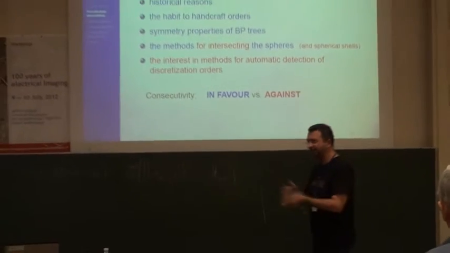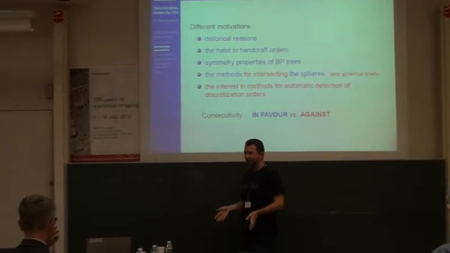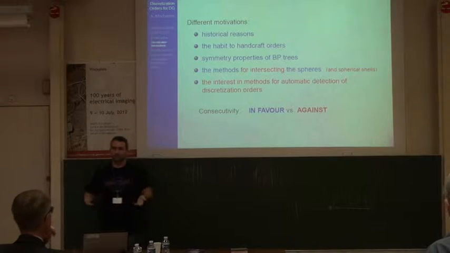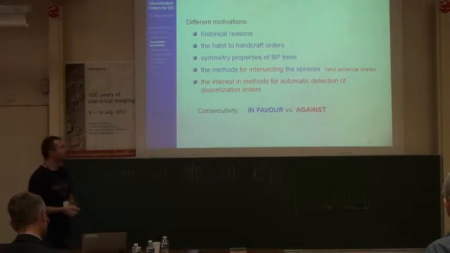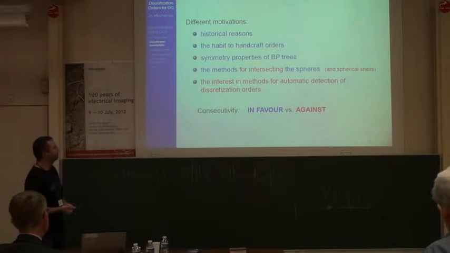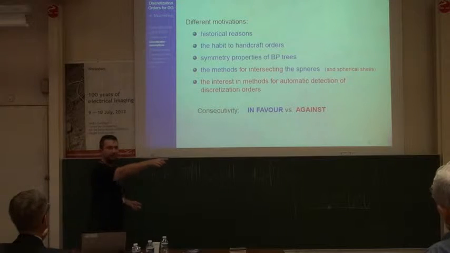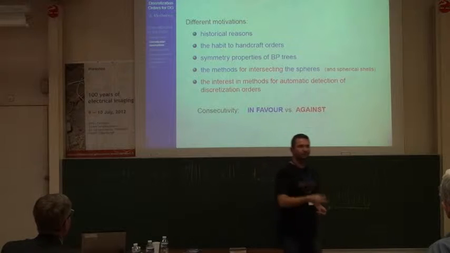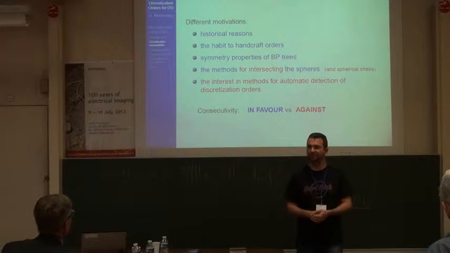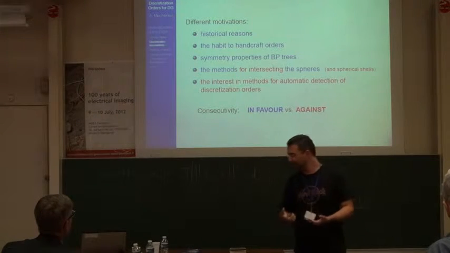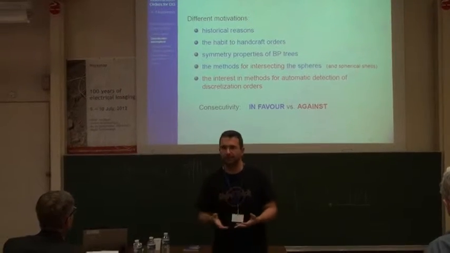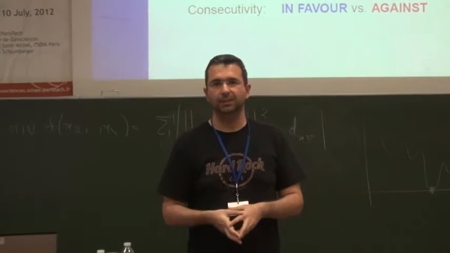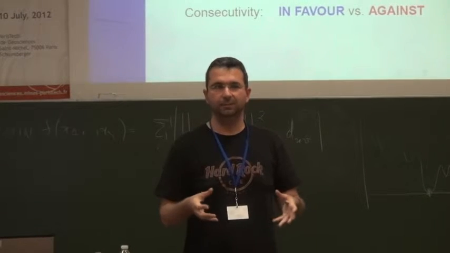All our first papers related to orders consider the consecutivity assumption because we started with this kind of order. And then second, especially this man here in the first row that gave the presentation before me, he was used to handcrafting discretization orders. When you have a protein, for instance, which is our main focus, you know the chemical structure of the protein.